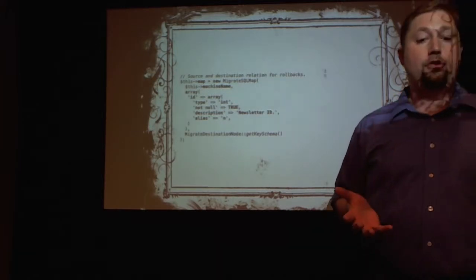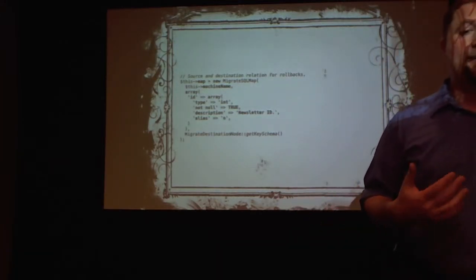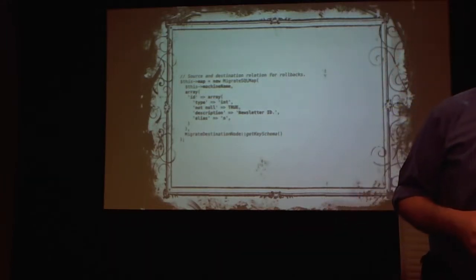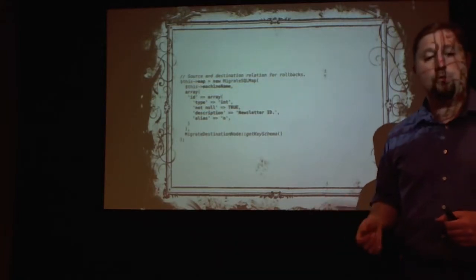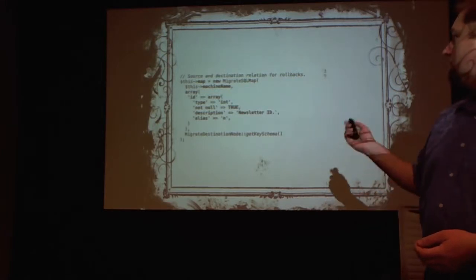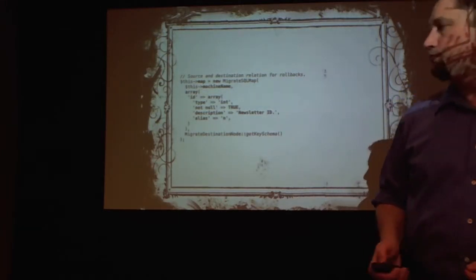When you execute this, Migrate SQL Map will create a map table and a message table for each migration. It will name them by prepending migrate map underscore and migrate map message underscore to the migration machine name, which in this case was newsletters or sources.